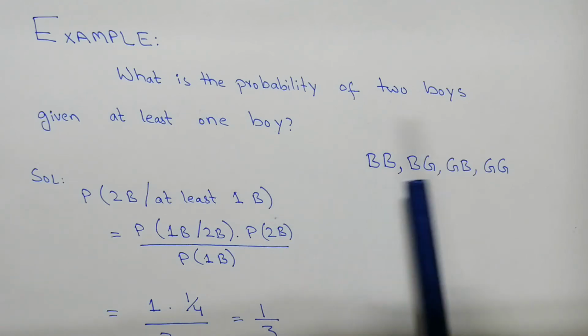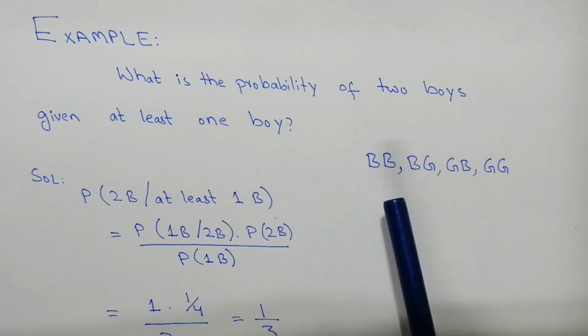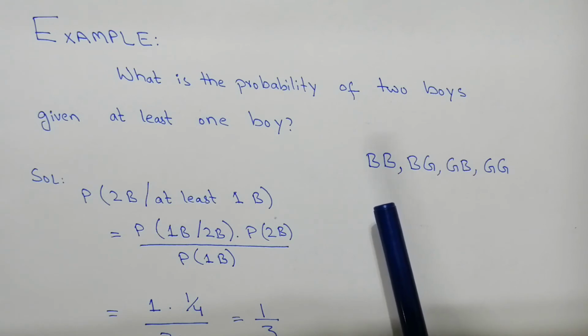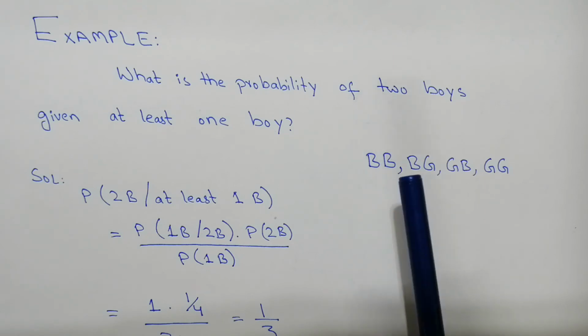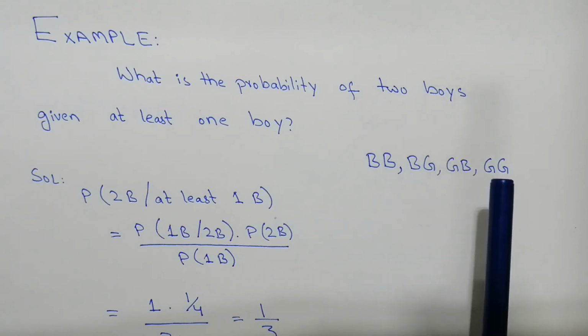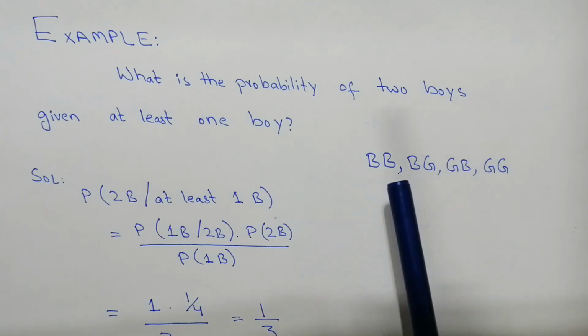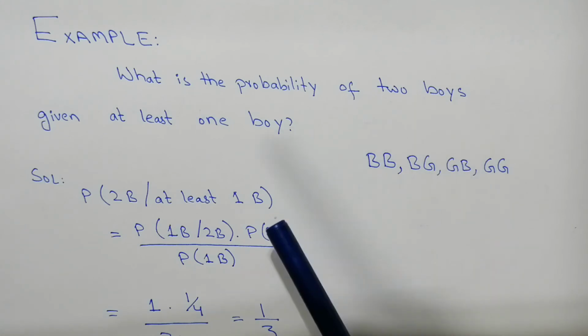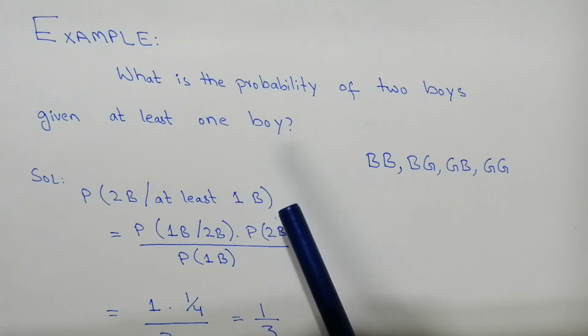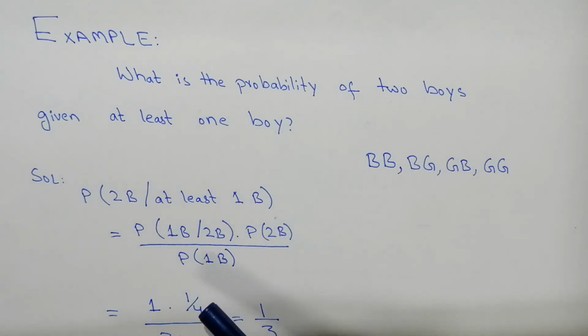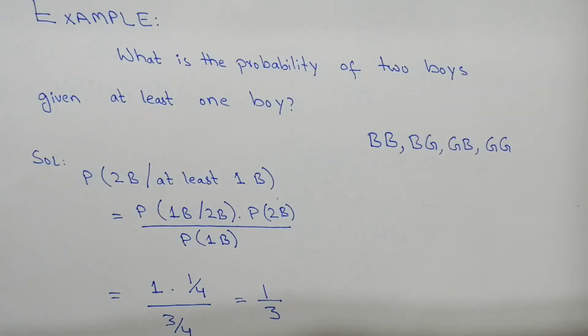So among all those four possibilities, the probability of getting two boys is only one, because we are getting the two boys over here and one boy here, one boy here, and no boy over here. So we can write 1 divided by 4. So 1 into 1 divided by 4 for this one, divided by probability of getting one boy.